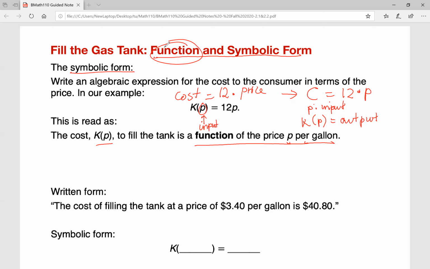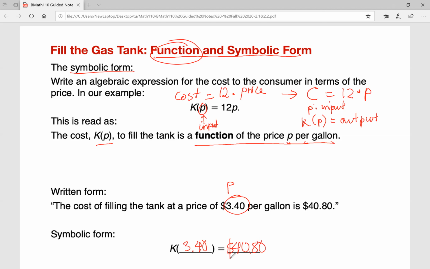I just have K of, now what is the price? The price becomes 3.40, so I put the input at 3.40, and that's going to be equal to 40.80 dollars.